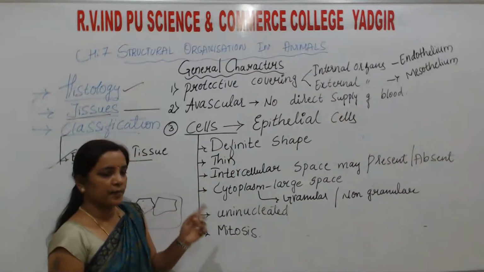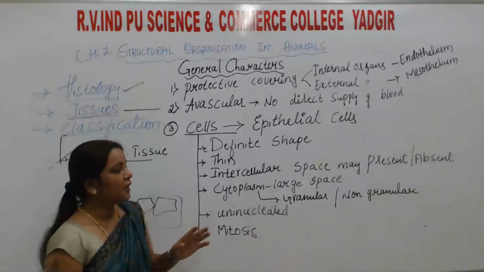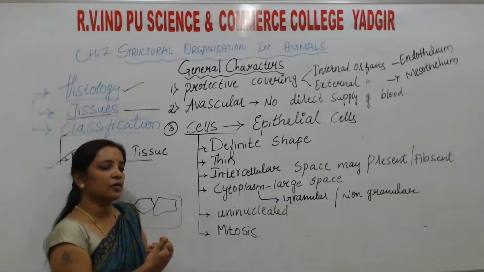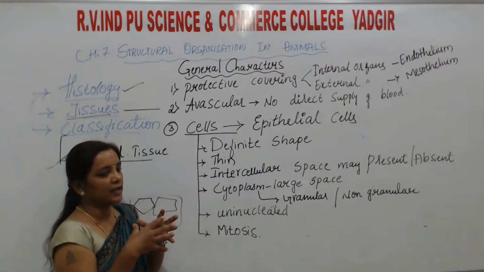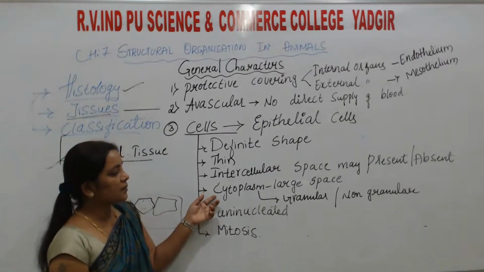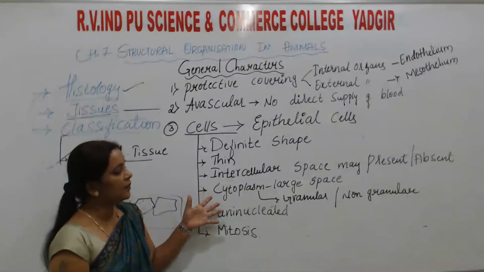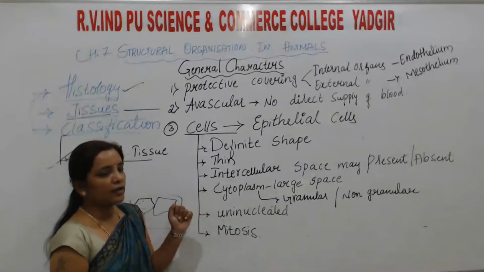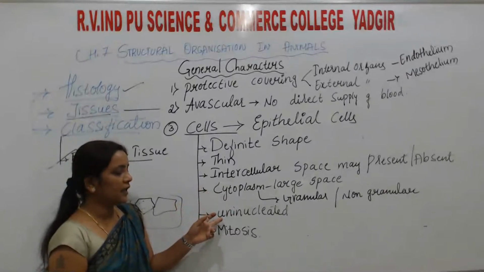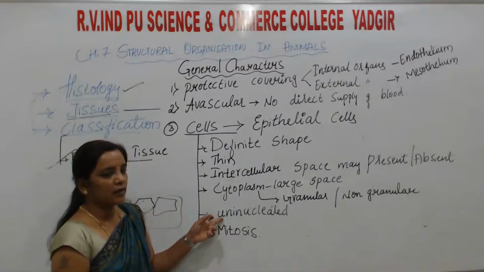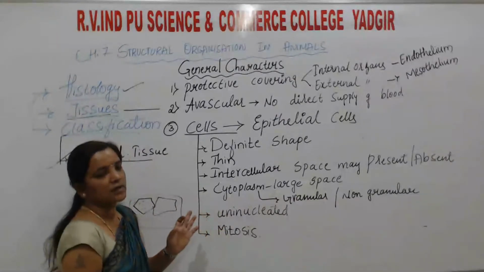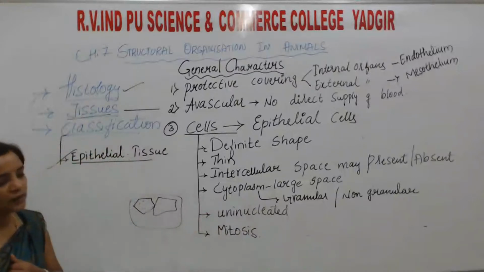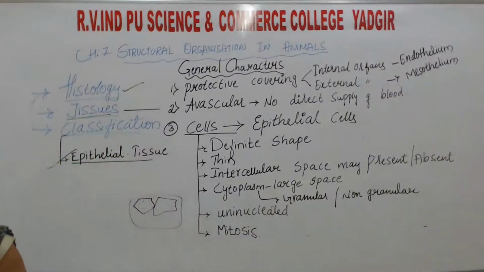Intercellular space may or may not be present, because even if space is present, cementing takes place and the cells are compactly arranged. The cytoplasm is large, granular or non-granular, and they are uninucleated, and mitosis is present. So this is about the general characters of epithelial tissue.